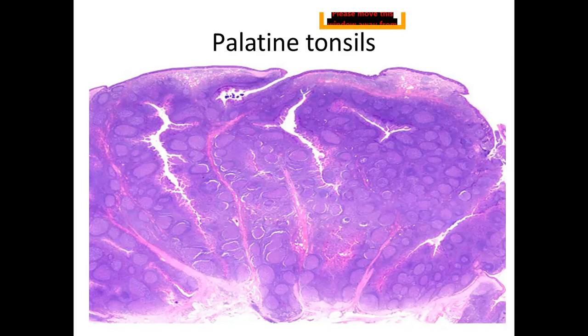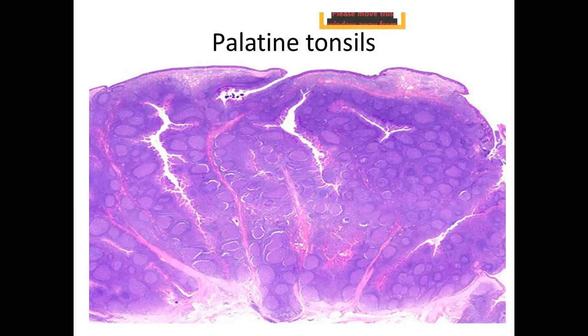It's called a crypt, like this. Invagination from this epithelium to the inside of the parenchyma of these tonsils, about 10 to 12 deep crypts.